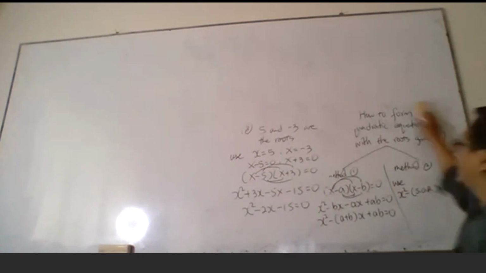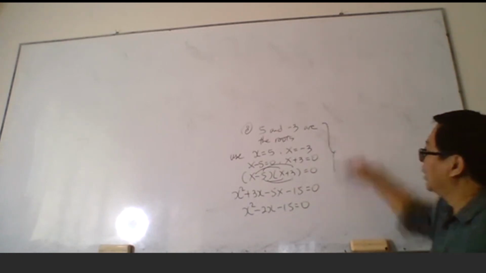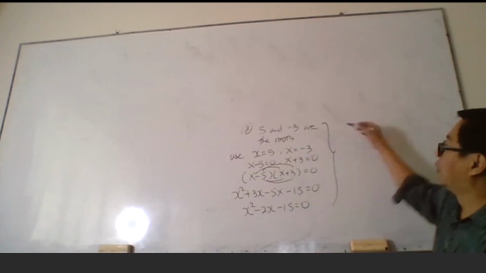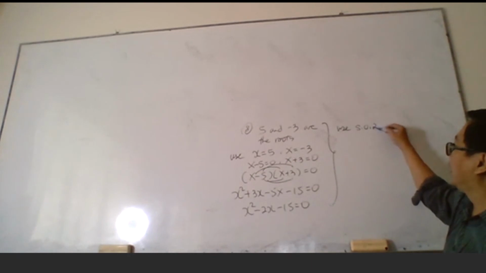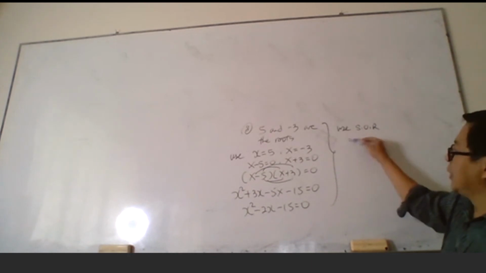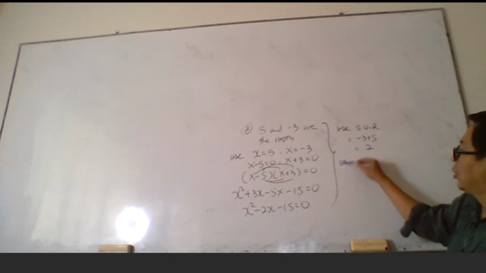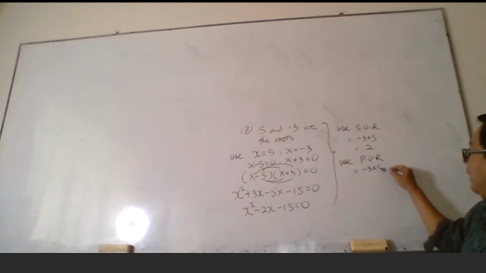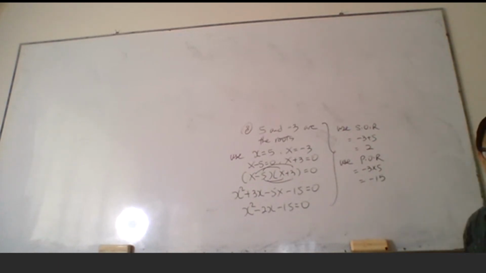What about the other one? So in the school, the teacher may teach you the second one. So since we got the roots, the teacher is going to use sum of the roots, SOR. You can use negative 3 plus 5, you get 2. You also can use POR, product of the roots, negative 3 times 5, negative 15.